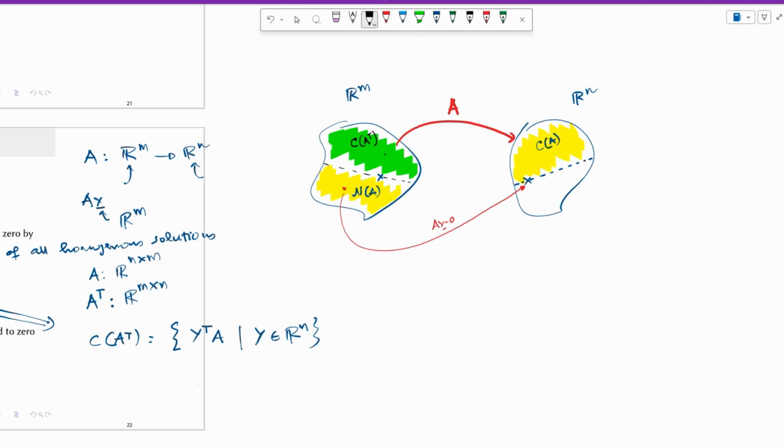Okay. If you choose any point from the row space, that will essentially get mapped to a non-zero point in the output space. And in fact, since the column space is the only region that you can reach in the output space, it has to end up in a point in the column space.